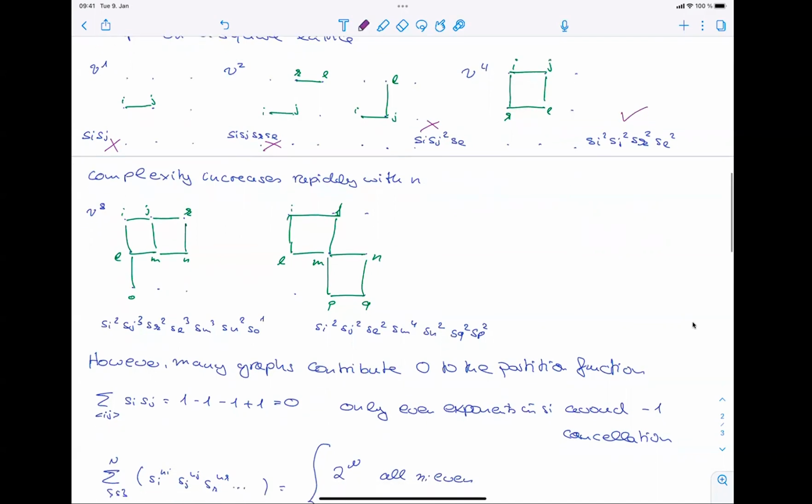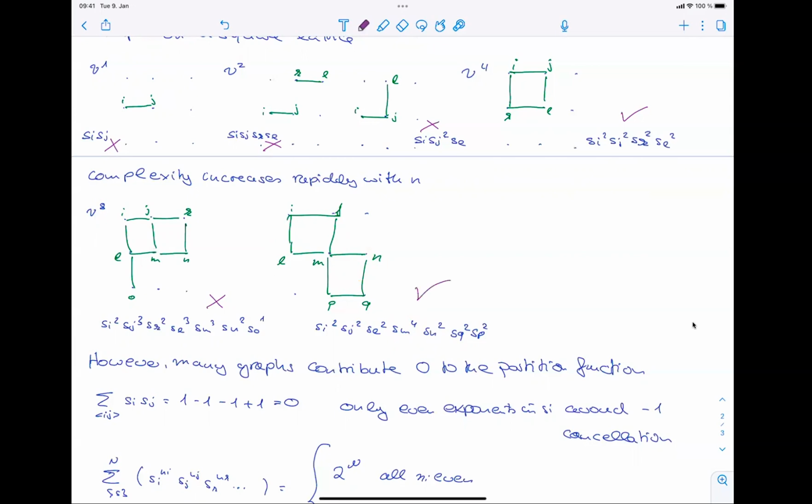And if you keep going to the higher complexity graphs that I drew, here we have lots of even, uneven ones, so that doesn't work. And here again, we now have these 2 loops that are connected in the middle, but since they're touching, I get another even exponent, this Sm to the 4, and so this one would also work.